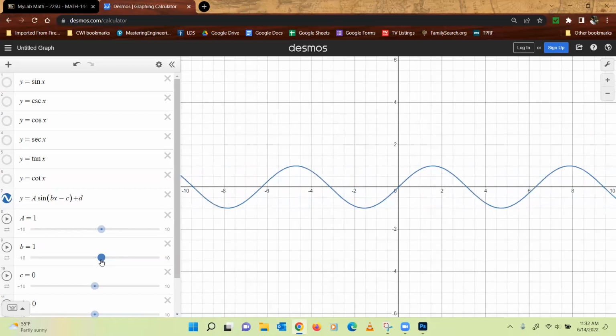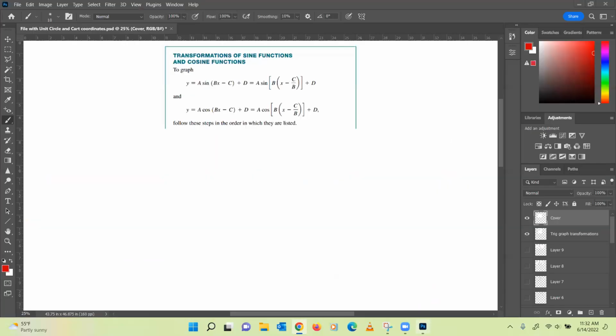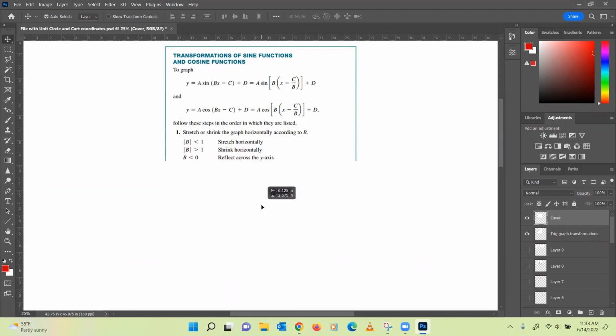So all of that becomes really useful for us, only now we need to describe some terms associated with that. We've already shown that B is a horizontal stretch or shrink. Now they've taken the absolute value of B, because if it was negative, we'd have a reflection about the y-axis, but we're not going to deal with that.